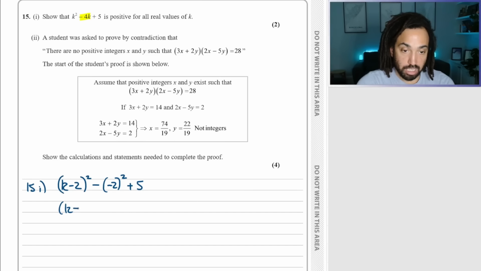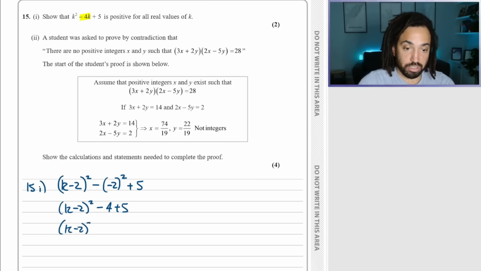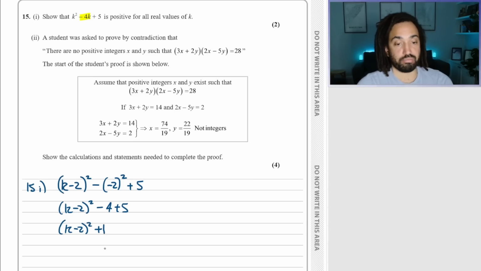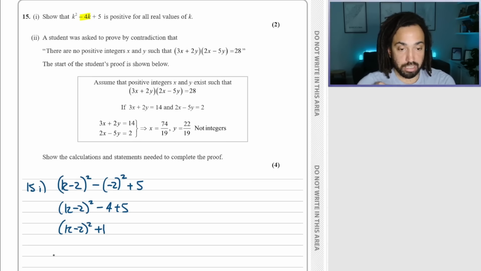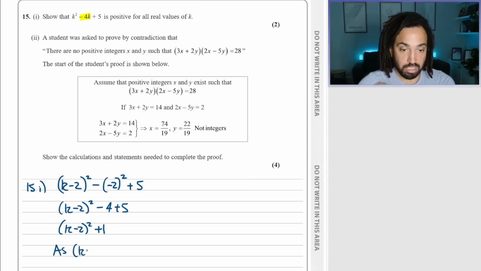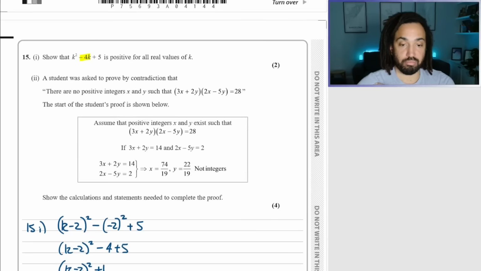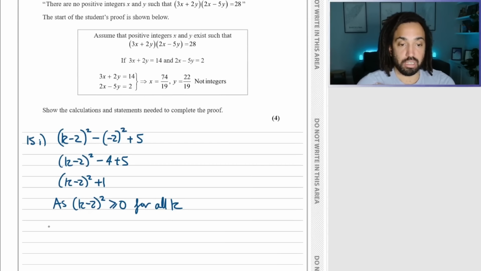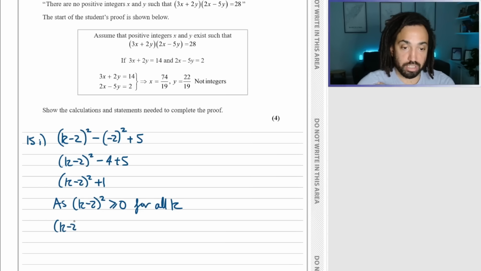This gives k minus 2 squared minus 4 plus 5, and this gives k minus 2 squared plus 1. And then we can say that as k minus 2 squared is greater than or equal to 0 for all k, k minus 2 squared plus 1 is greater than 0 for all k.